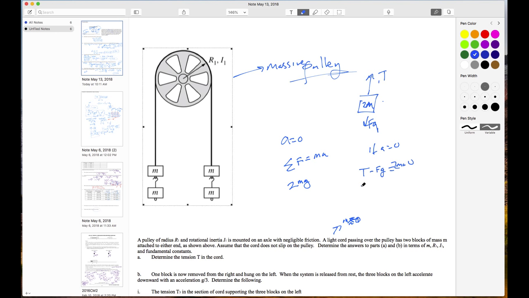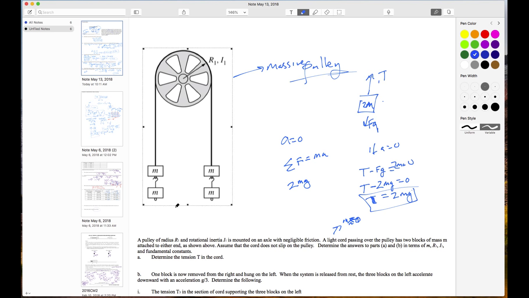Now, what's the force of gravity? It's just 2mg. So the tension has to equal 2mg, given that we're not accelerating.